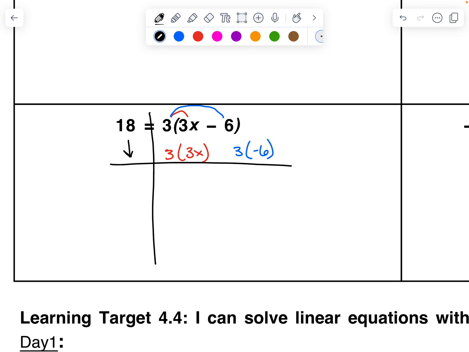So we just drop down the 18. I don't have any like terms because I'm down to two numbers, a constant and a variable. So I'm going to add the 18 over. And then my final step here, divide.